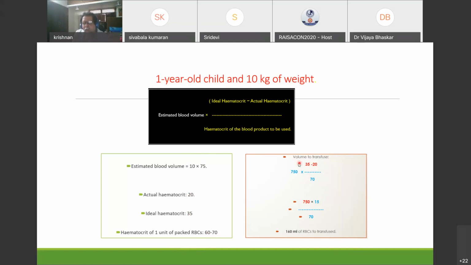So the amount of packed cells you're going to transfuse for this 1 year child weighing 10 kg will be 750 into 35 minus 20, that is ideal minus actual, which is 15, by 70, which roughly comes to 160 ml of packed red cells to be transfused for this particular patient.